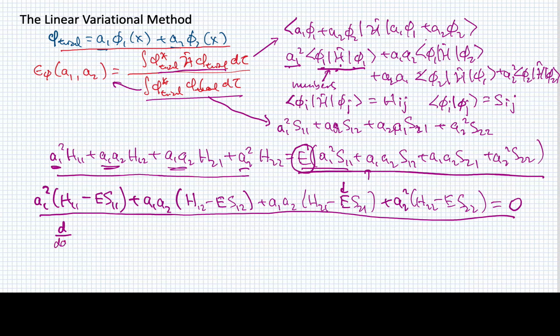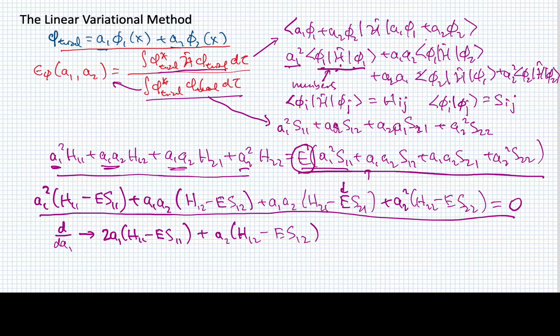So I need to take the derivative with respect to a1 of all of this stuff. And what I'll get is the following. I'll get 2a1 times h11 minus e s11 plus a2 times h12 minus e s12.